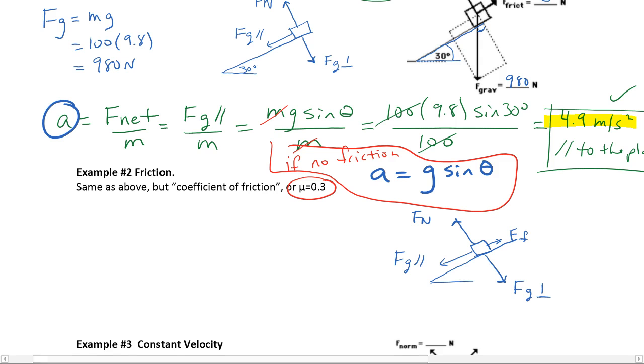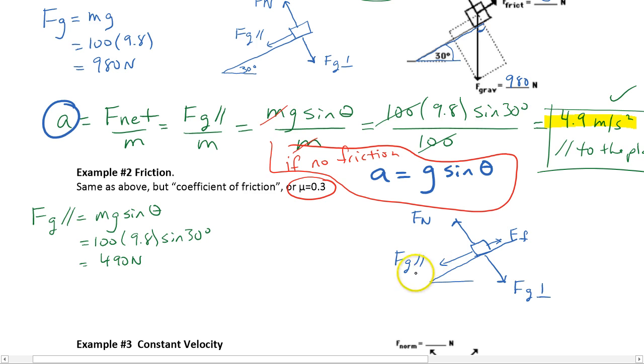Well, let's figure out these numbers. FG parallel is going to be equal to mg sine of theta, which is 100 multiplied by 9.8 times the sine of 30 degrees, which is equal to 490 newtons.